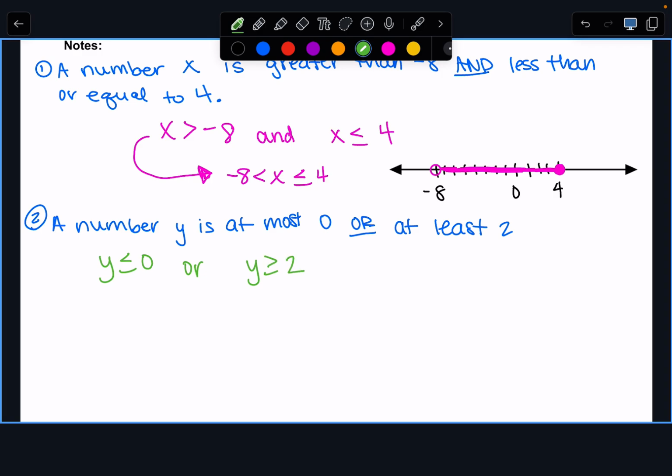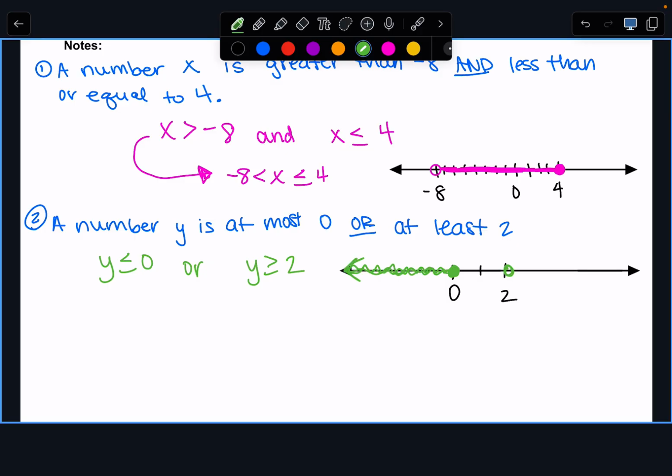Okay, now, when it's or, there's nothing we can do to rewrite it. So we're just gonna graph it. If y is less than or equal to 0, I have a closed circle, and I'm going to go the other way.